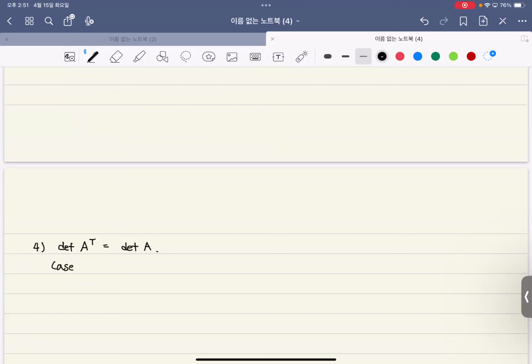Case number 1: we first consider A is a singular matrix. But this is easy. Suppose that A is singular. We also know that the rank of A is the same as the rank of A transpose. That means if A is a singular matrix, then A transpose must be singular too.